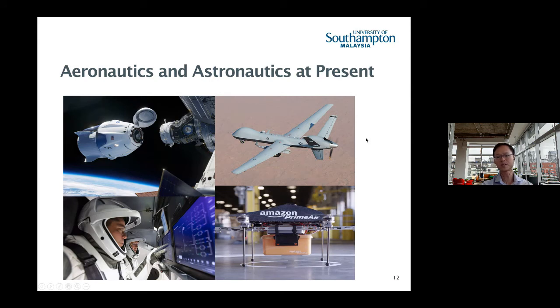So you have drones that are used for military purposes, but you also have drones that are used for civilian purposes like delivery. So this is an Amazon drone, it is being used for logistical purposes, to transport items from one area to another.